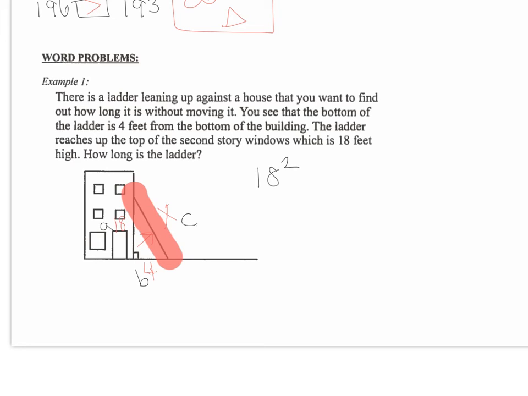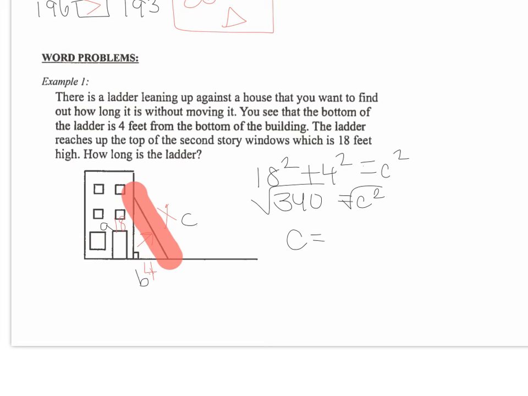So 18 squared plus 4 squared equals c squared. Okay. So 18 squared plus 4 squared is 340. And now I'm going to square root both of those.